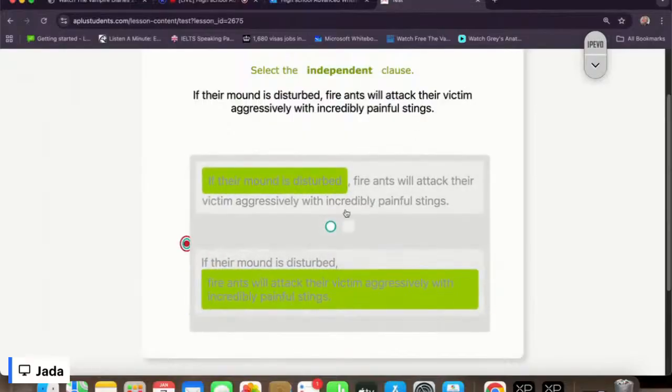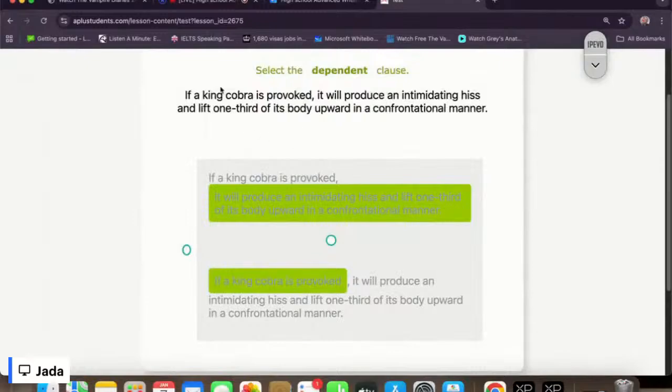Alright, so we have the second. Then, if a king cobra is provoked, it will produce an intimidating hiss and lift one third of its body upward in a confrontational manner.